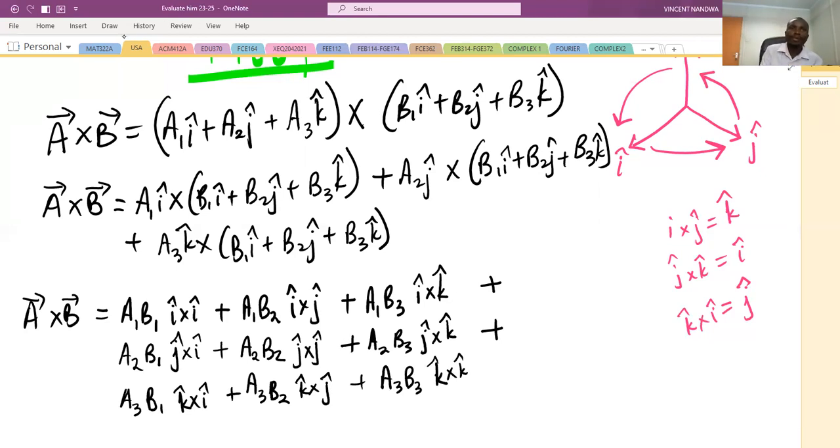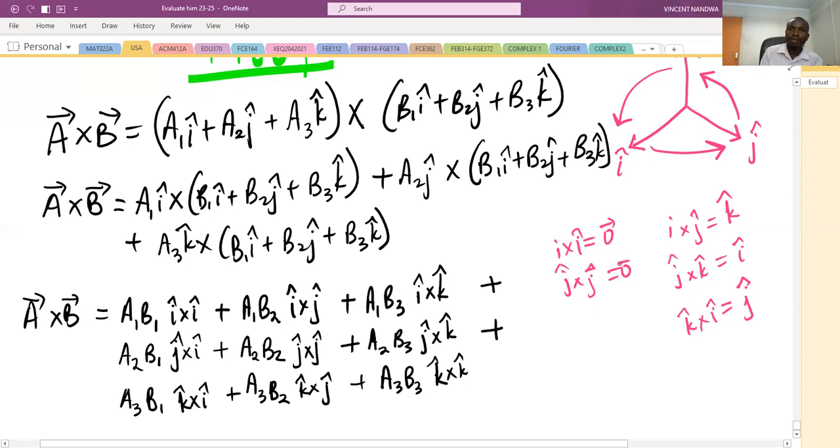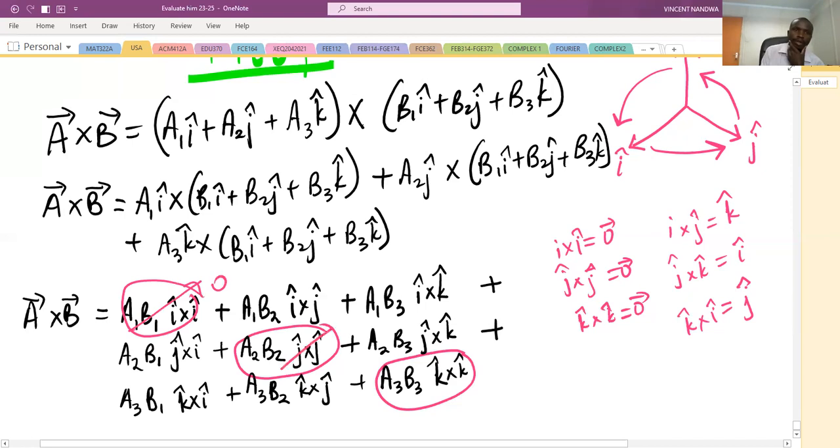Then remember from what we gave last time, i cross i is the 0 vector, j cross j is also 0, k cross k is also 0. So it means that these terms will go to 0 because the cross product of those same vectors is 0.